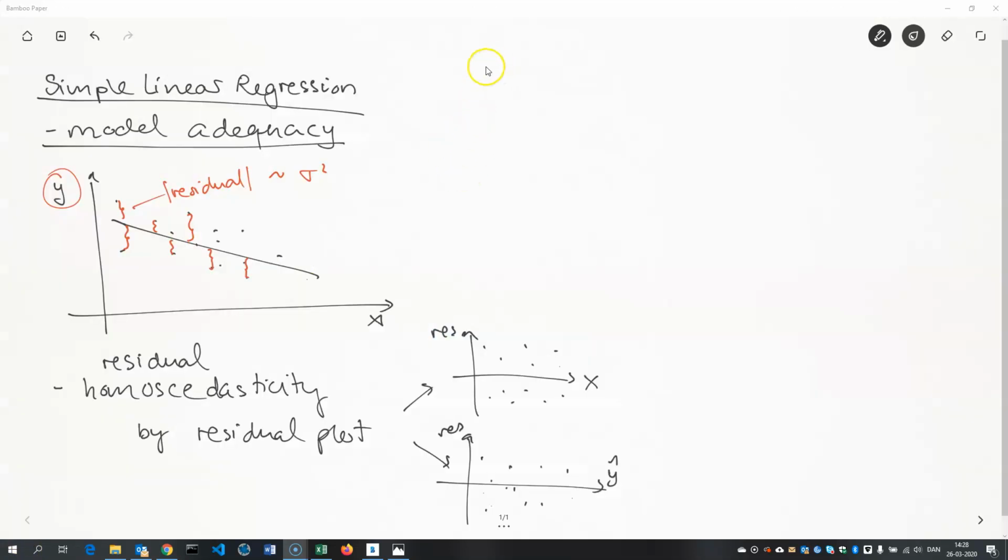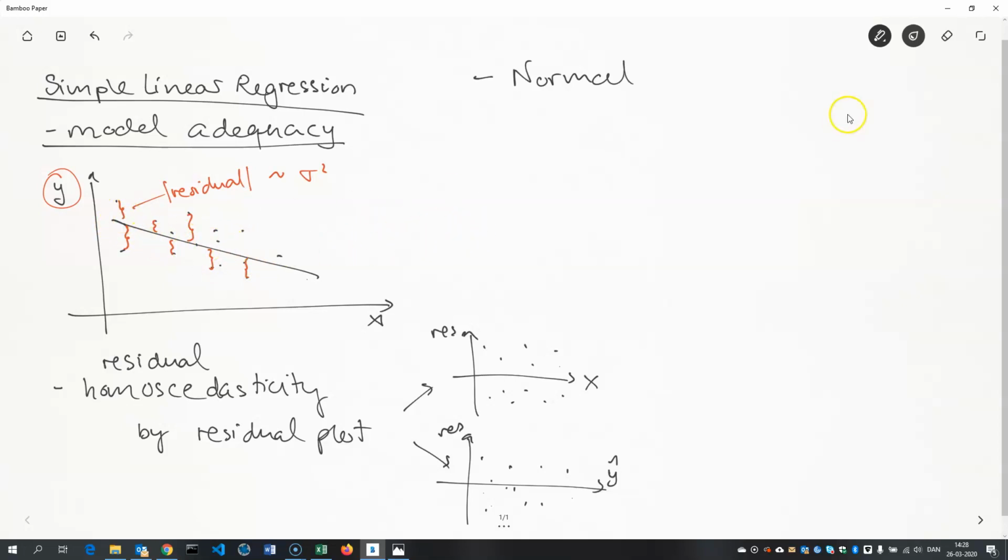The other assumption that we have is normality, that the variance in the y values is normally distributed. What does that mean? Well, that means that we should have most of the residuals close to the line, just like a normal distribution.